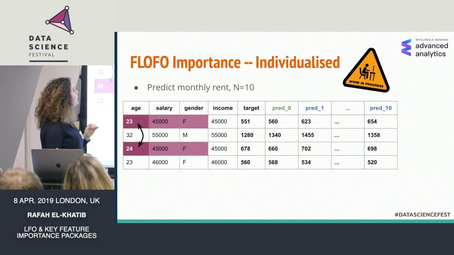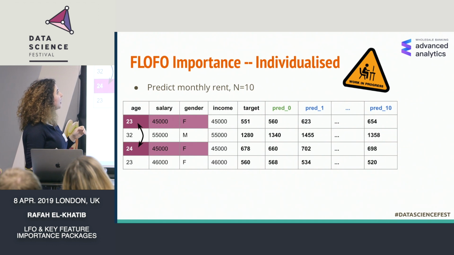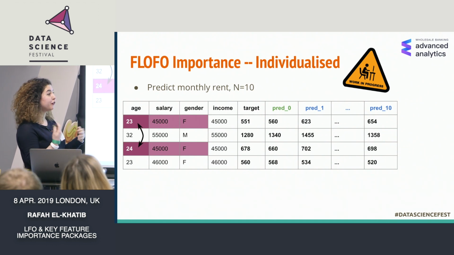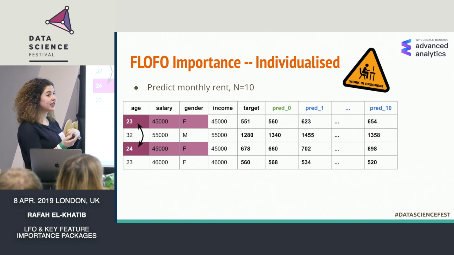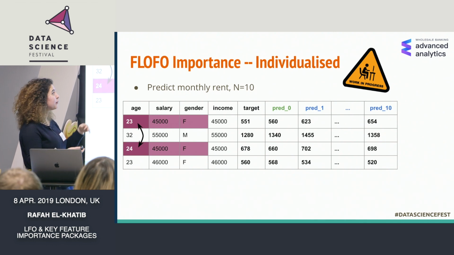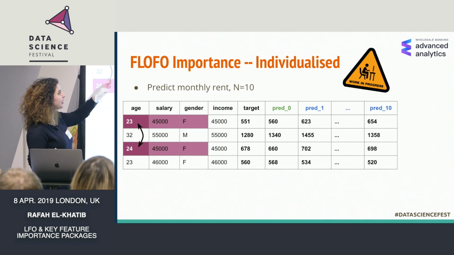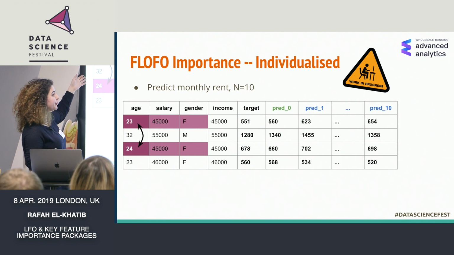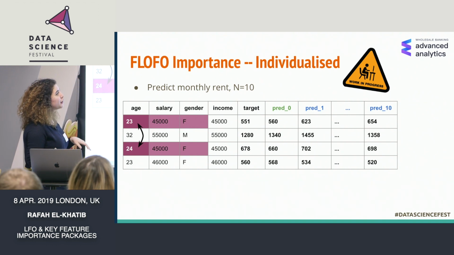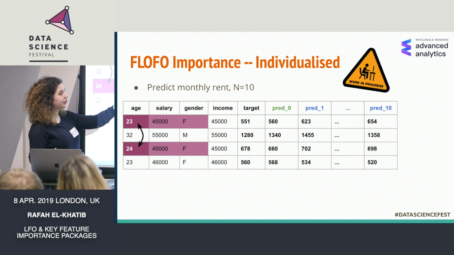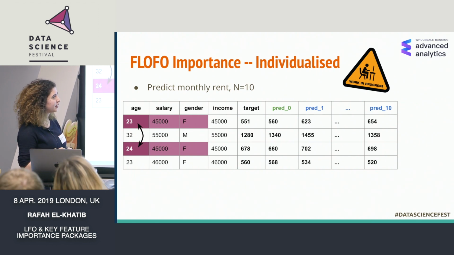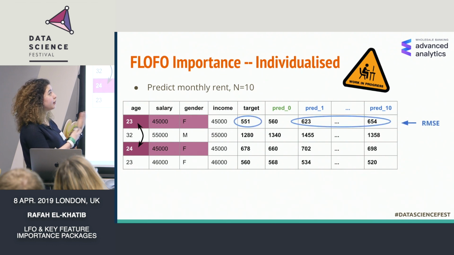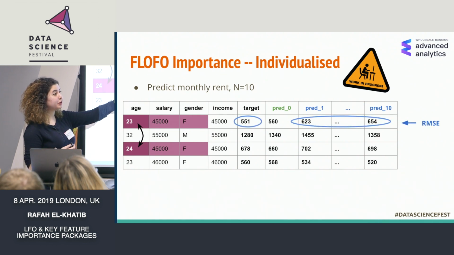Then what we do is we say, okay, now I want to run FLOFO, so I'll run it 10 times. Each of these 10 times, I'm going to choose two features out of the data set. I'm going to group by them, and I'm going to permute my feature of interest within those groups. So you get 10 predictions out of these 10 permutations. And now again, we want to run our performance metric on the target versus all these predictions.